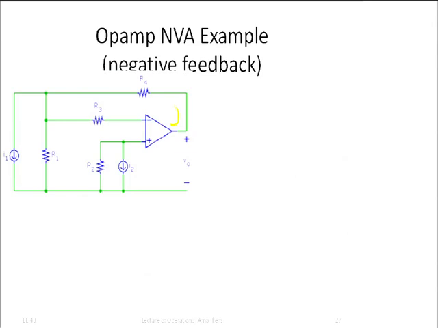The second important thing: if we have negative feedback and it's high gain, what property can we make use of when we analyze such an op-amp circuit? Yeah, exactly. This voltage difference is 0 volts, because it's negative feedback and it's high gain.